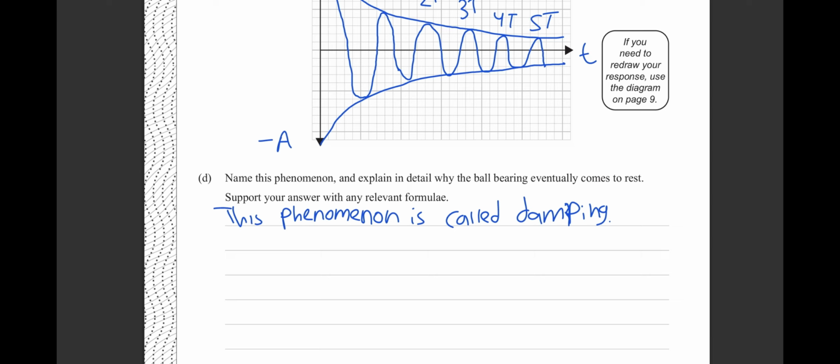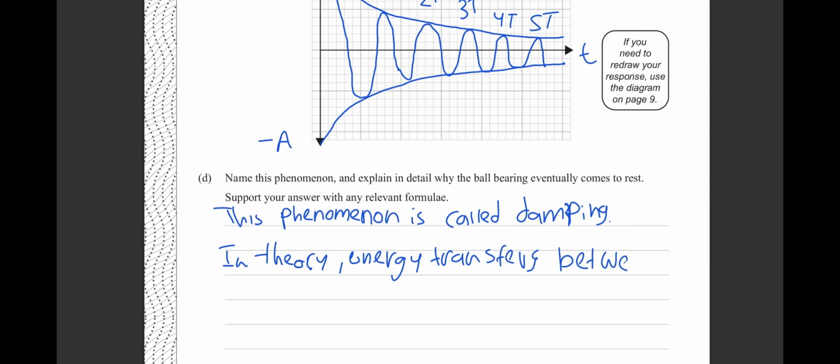Let's start with the theory. In theory, energy for this kind of system would just transfer between EK and EP, in other words kinetic energy and gravitational potential energy, because I think it's along some surface like this.